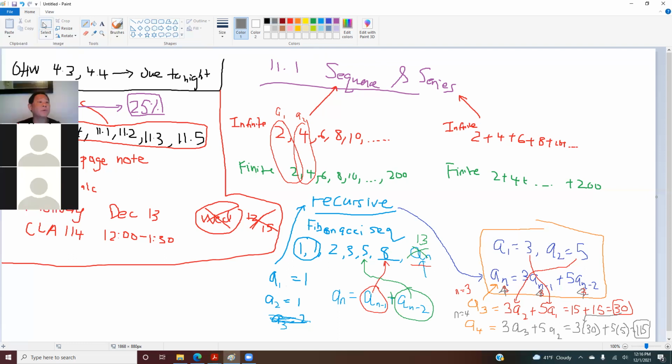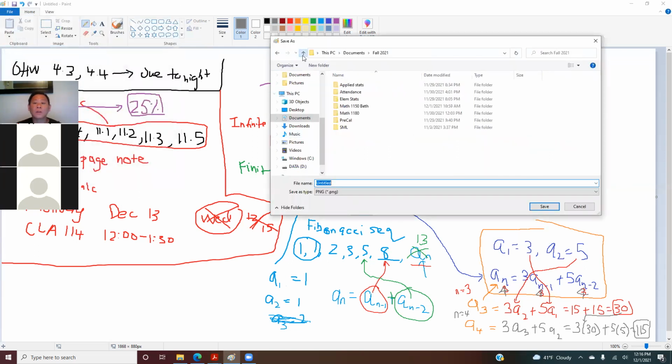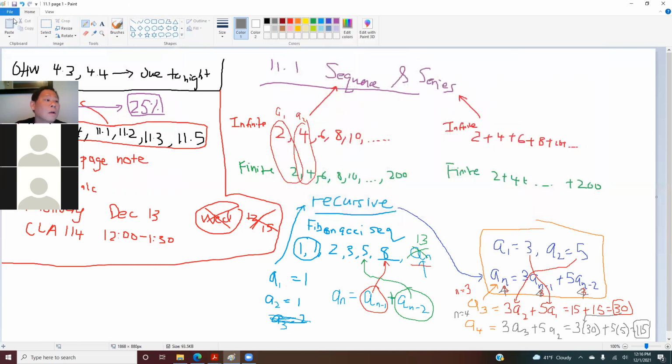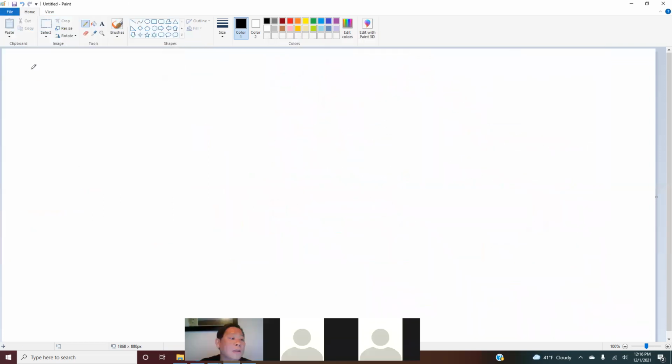I will give you some examples here. So you guys try to do this on your own. So let's say that your A1 in this case is -2. And your A2 in this case is -5. It can be negative, it's any numbers.